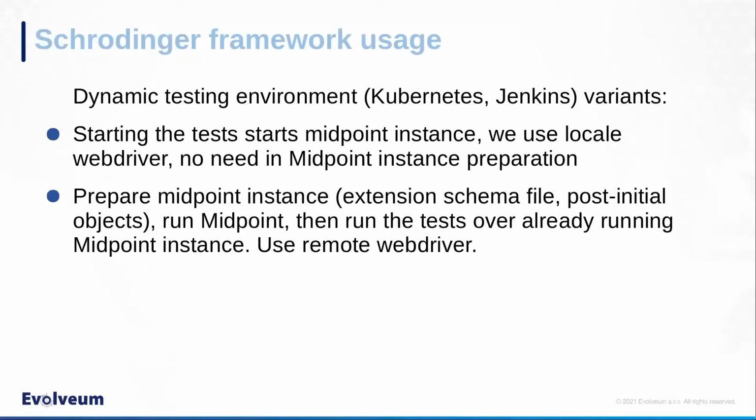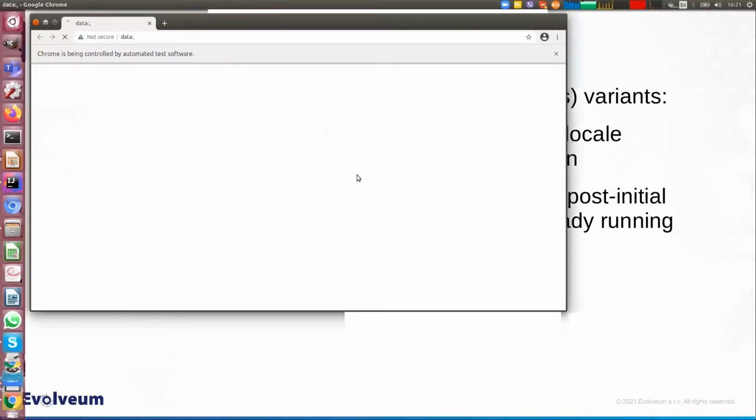So for example, we have a job which runs a set of tests which don't require any preparation before MidPoint start. So these tests cover the basic common use cases of MidPoint. So now you can see that the tests are starting MidPoint, and the tests launch the browser.